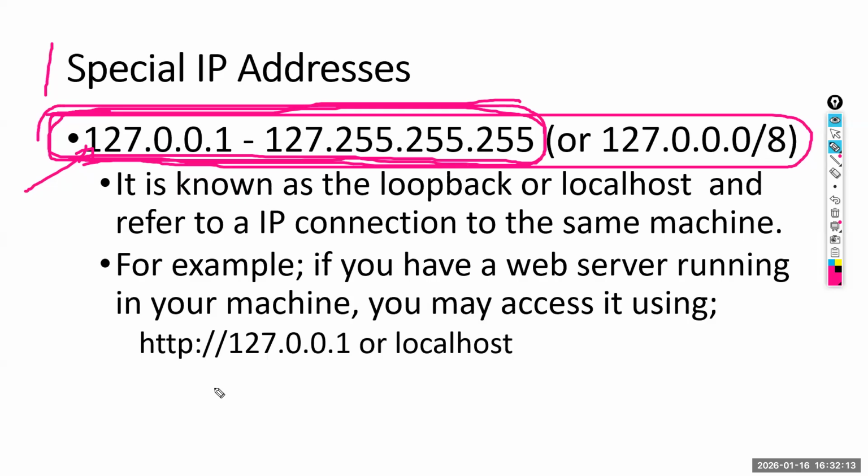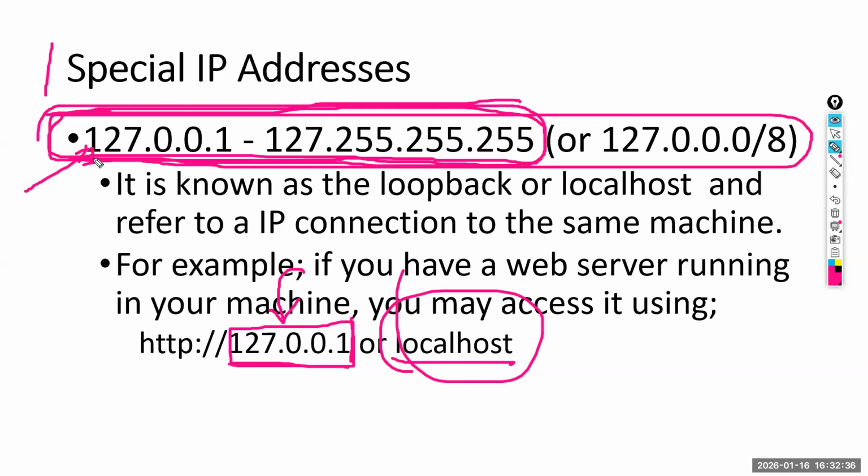In web development, you will find that sometimes we just type HTTP localhost, or else you can type HTTP 127.0.0.1. So basically, if you see 127.0.0.1, that means that machine is referring to itself, same machine, not a different machine in the network.